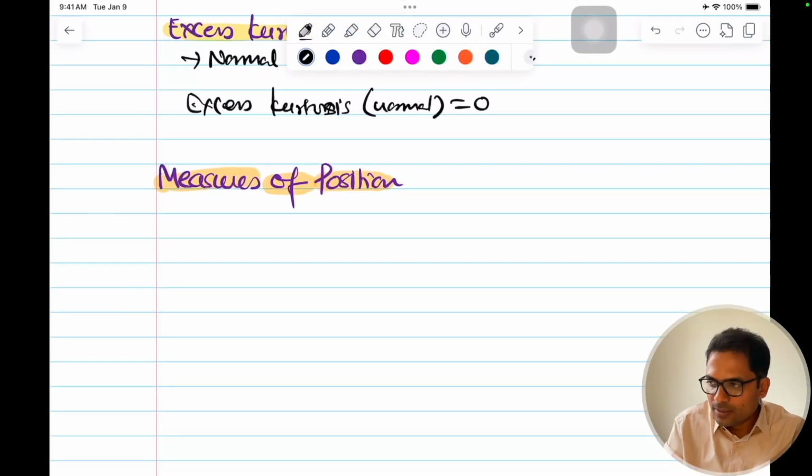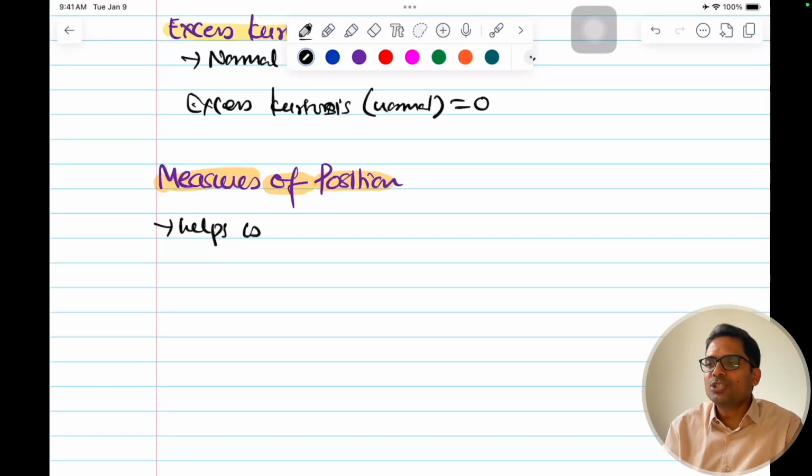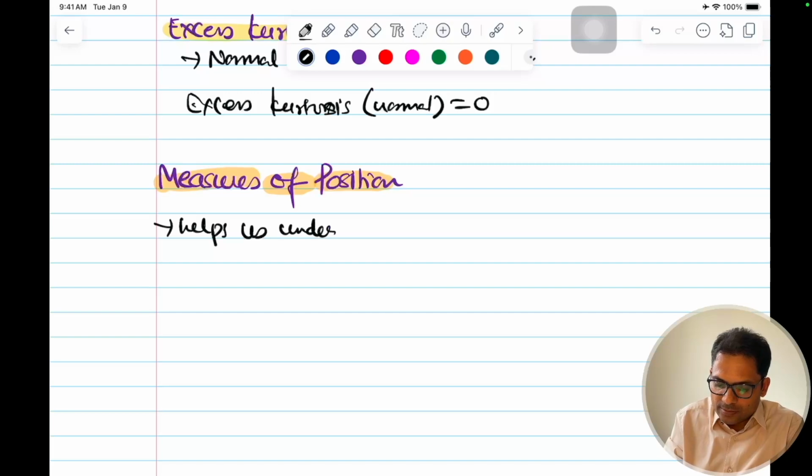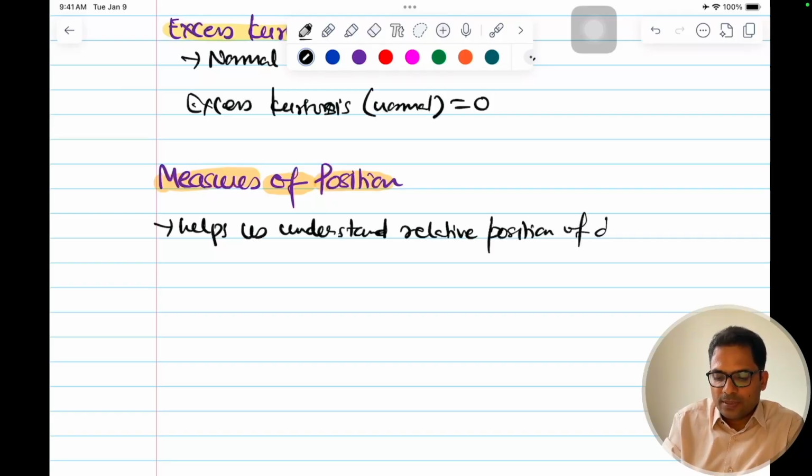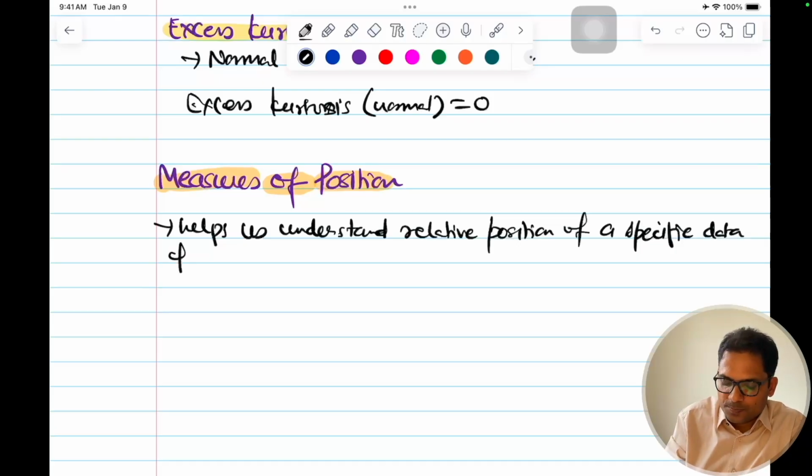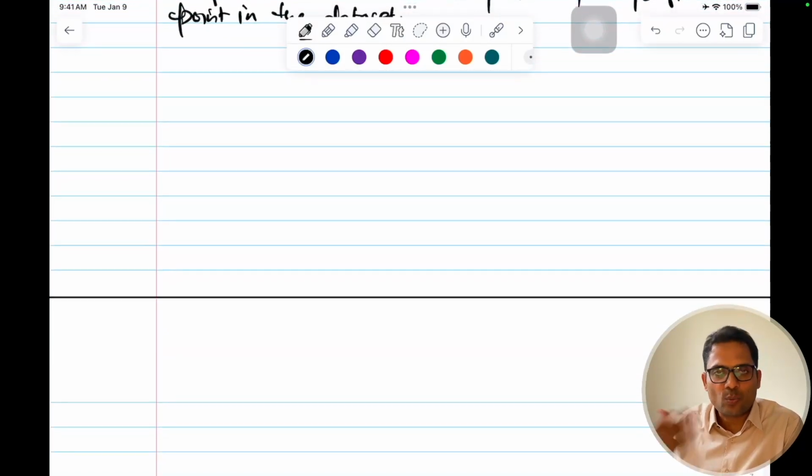This helps us understand the position of a specific value in the data set, the relative position of a specific data point in the data set. So that's what it measures. And there are ways to measure this: percentile, quartile, and then we'll talk about one of the range metrics also.